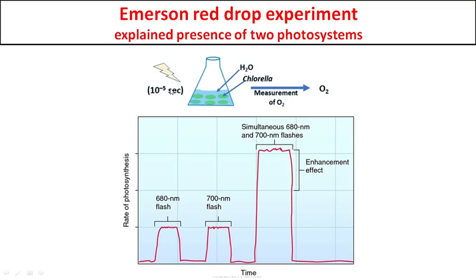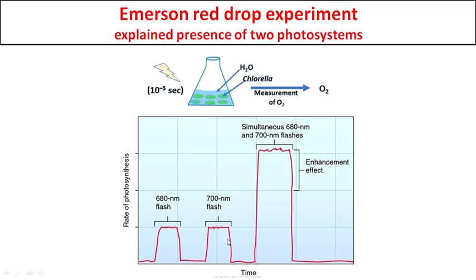Same thing when they tried with 700 nanometer wavelength, the amount of photosynthesis was this much. This is 680 nanometer, this is 700 nanometer, and as you can see, they may have already tried with different other wavelengths also, but they got peaks only at 680 and 700 nanometer.